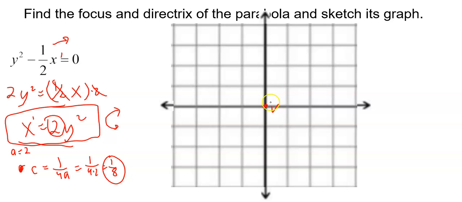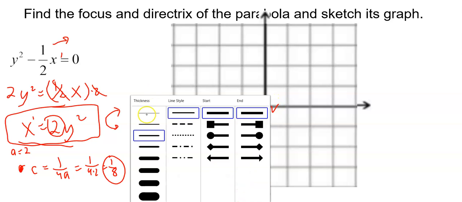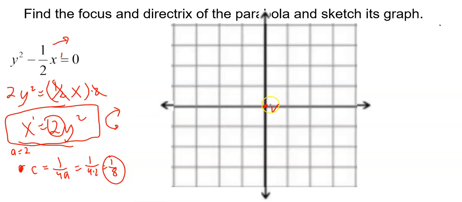So I'm going to go 1/8 to the right, right about here. That's at the point 1/8, 0. Now, because my focus point is at 1/8, 0, my directrix has to be the same distance away. So it's going to be x equals negative 1/8.